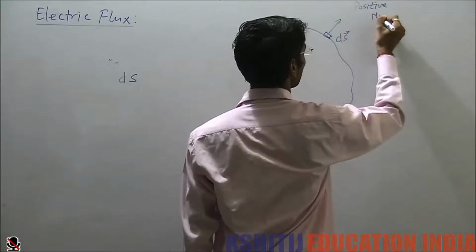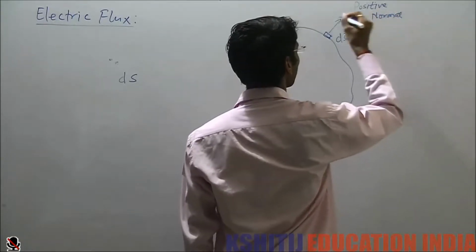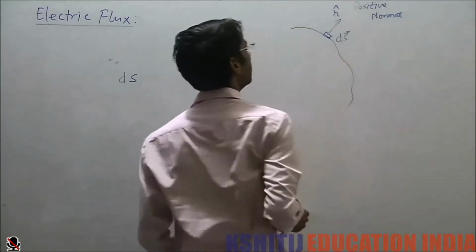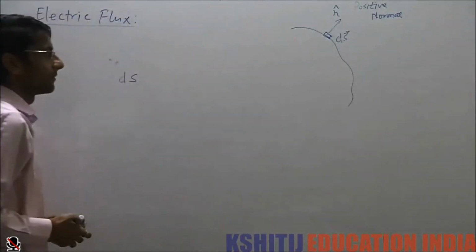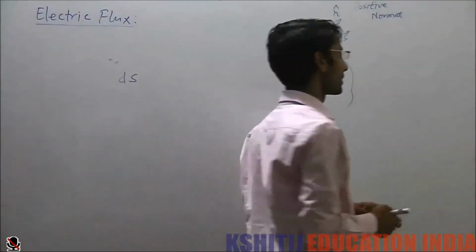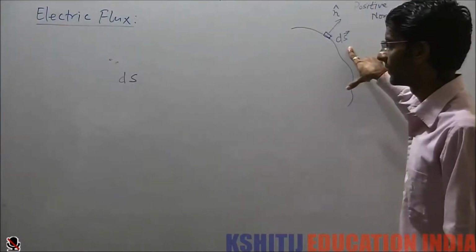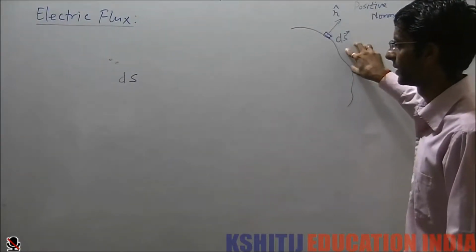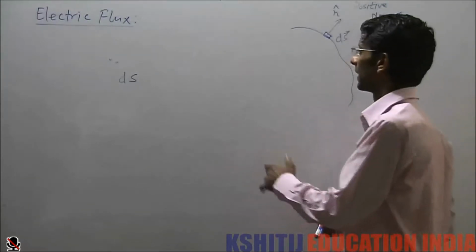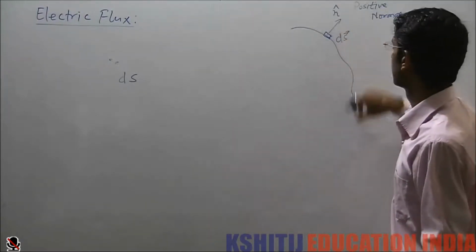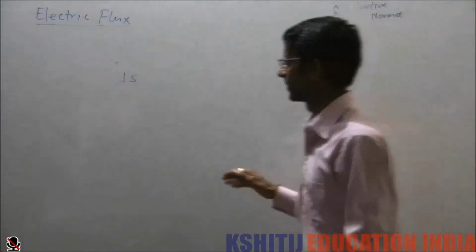Positive normal. So whatever angle we measure between the electric field and the differential surface area vector, it is between the electric field direction and the direction of this positive normal.